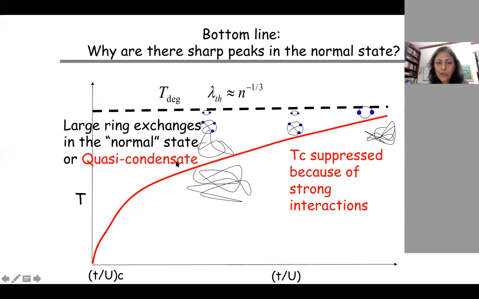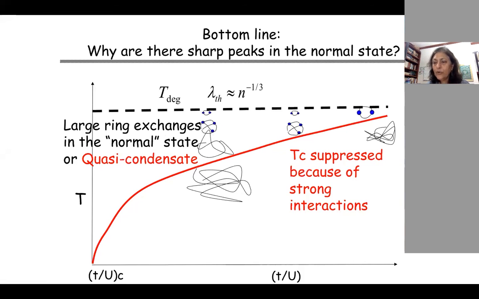But in this quasi-condensate, you start getting larger and larger ring exchanges, but they are not totally phase coherent. So you may get a puddle of 4 particle exchanges here, 4 particle exchanges here, but there is incoherence between those different groups of exchanges. And that is why it's not fully phase coherent and there's no stiffness.